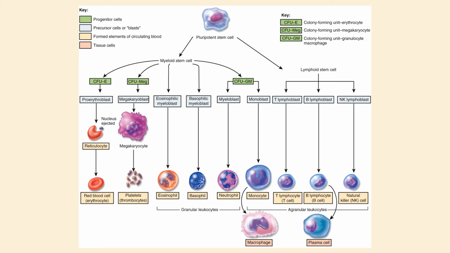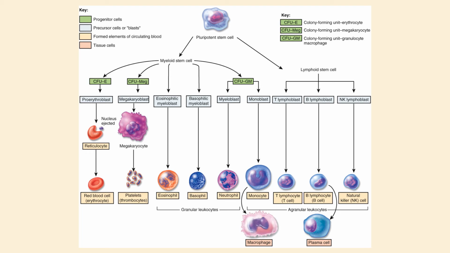If this pluripotent stem cell does not become a lymphoid stem cell, it becomes a myeloid stem cell. Looking at the left here, that myeloid stem cell could then go on to become a red blood cell, platelets, or the other types of white blood cells: eosinophils, basophils, monocytes, or neutrophils.